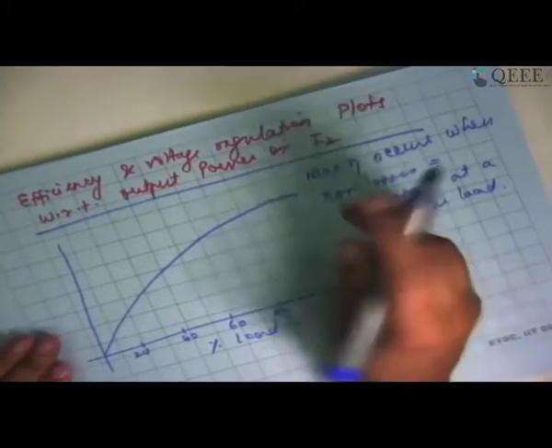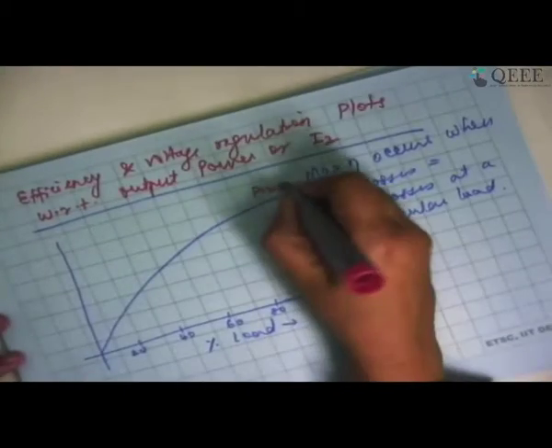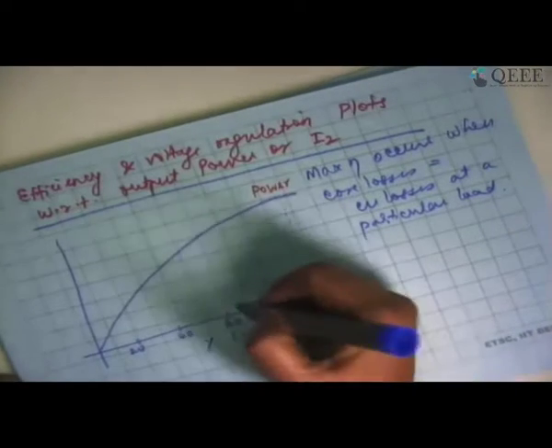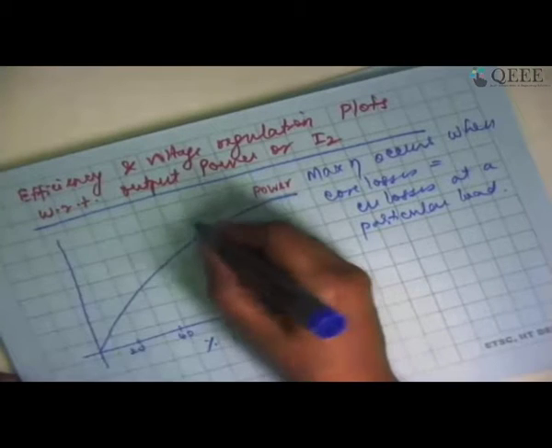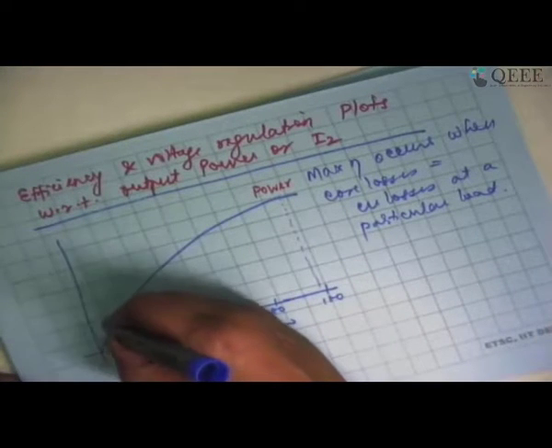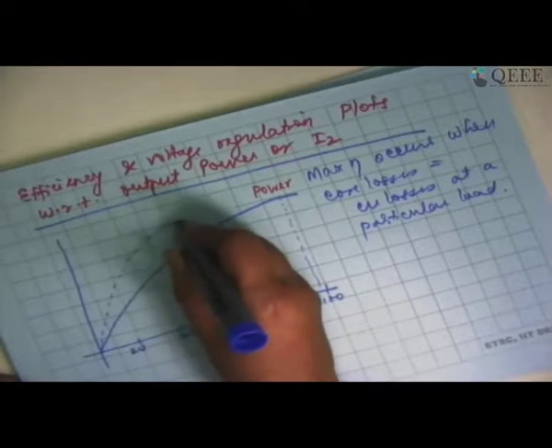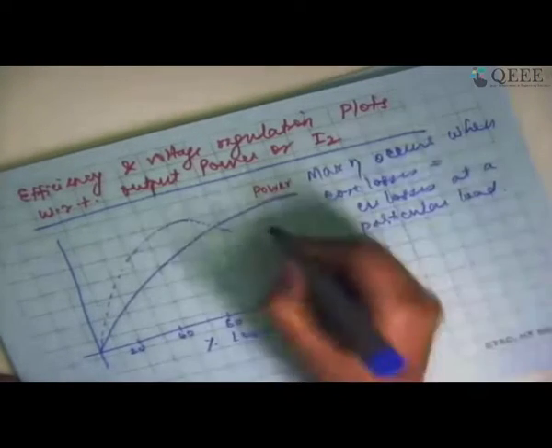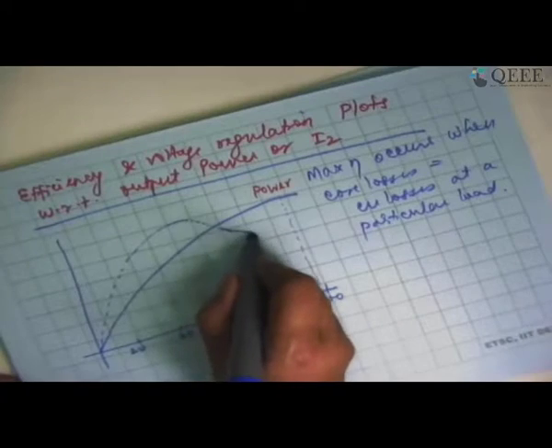This will be the plot for a power transformer. Whereas if it is a distribution transformer, my maximum efficiency may occur near 60% or something. So it is going to rise like this, reach close to 60% maximum value, and then decrease. It may not still decrease too much.